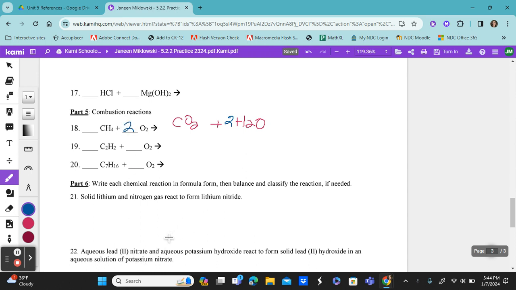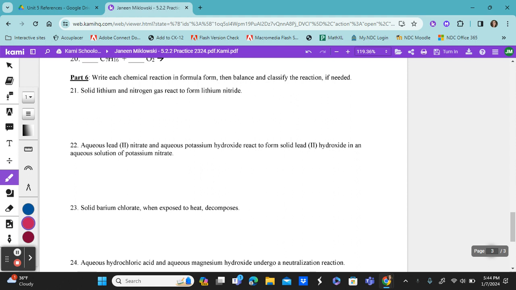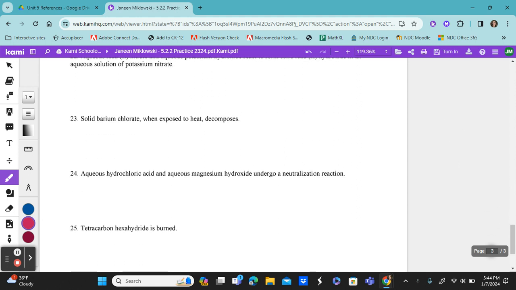And then the last one, on part 6, you are looking to translate first, and then using your notes and your clues to figure out how to predict the product. So number 23, for example, you're going to have to look this up, but barium's a 2+, chlorate is ClO3 1-. So barium chlorate, and it's a solid.